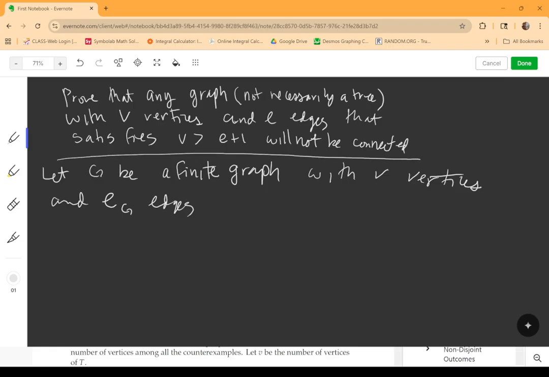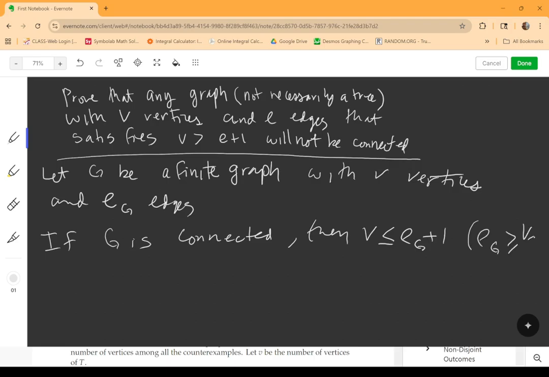Negating the conclusion, so not connected, let's say if G is connected, then, negating the hypothesis, V must be less than or equal to E sub G plus 1. In other words, E sub G must be greater than or equal to V minus 1 by rearranging the inequality.